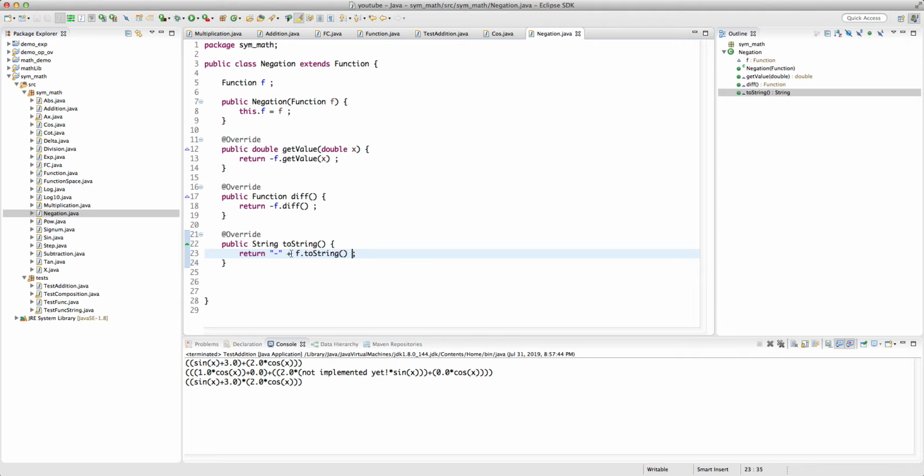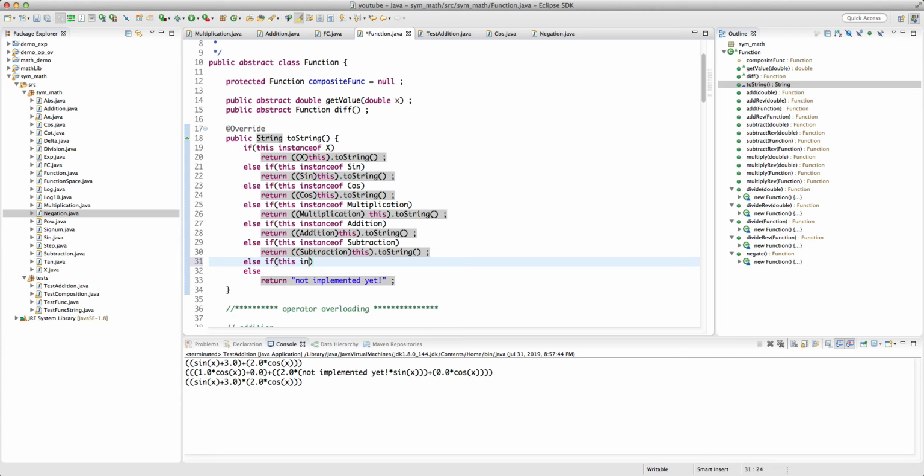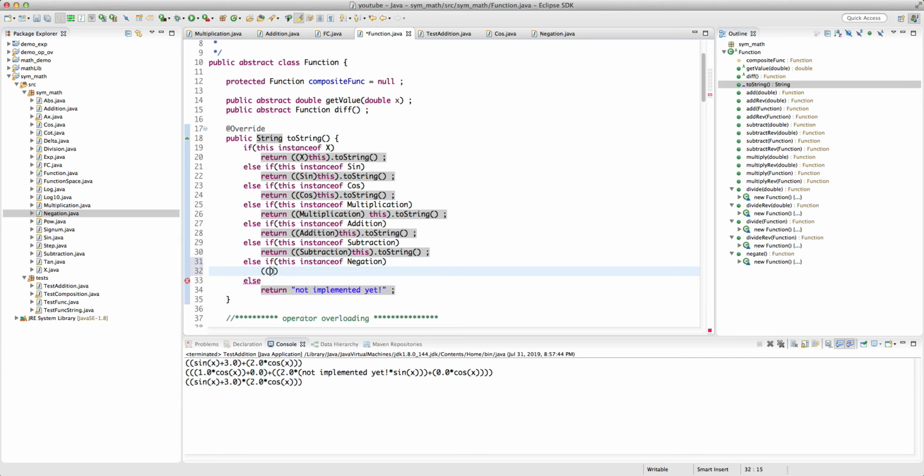This is the simplest case. And then in the function else if this instance of negation, basically negation this to a string, we have to return this.